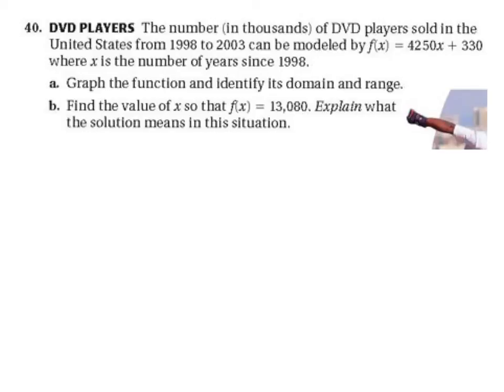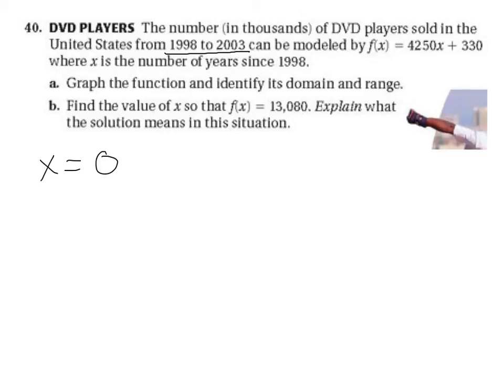Try this one on your own. Now, a couple of pointers I'll give you is the domain and range are limited. It's not a line that goes forever in both directions, because in this problem, it's talking about a year range from 1998 to 2003. So 98, 99, 2000, 2001, 2002, and 2003. So that's 6 years, including year 0 for x.